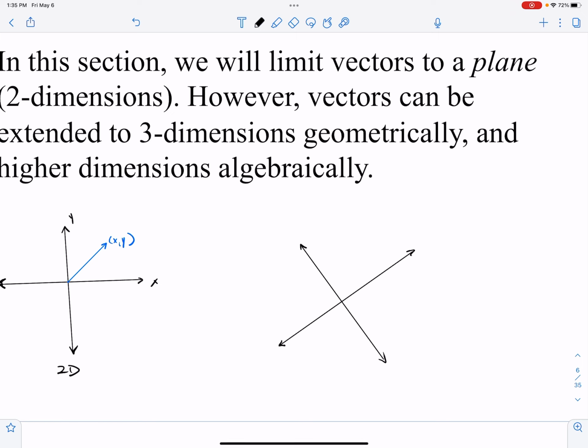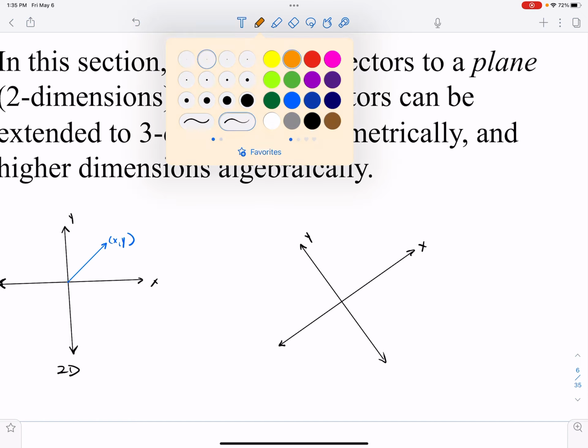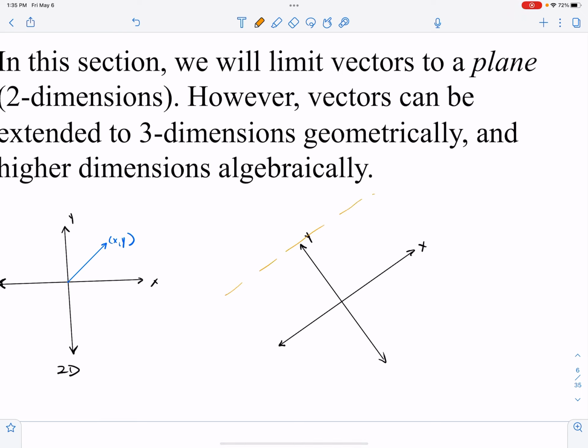I'm just making it look kind of angled here. The X and Y axes extend in all directions. Then let's think about having this 3rd axis coming up through the origin, and we can call that the Z axis.